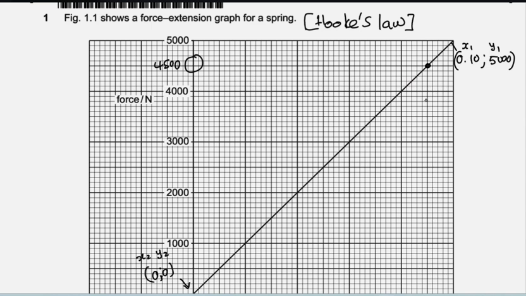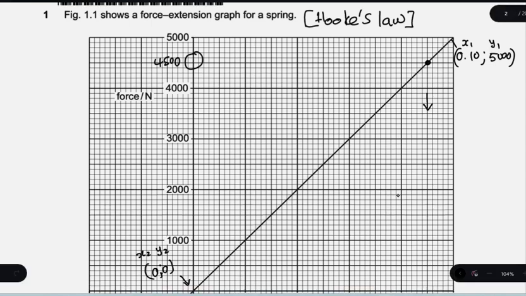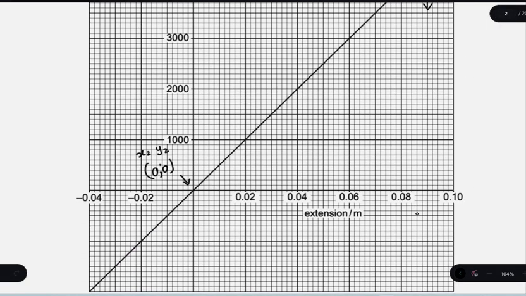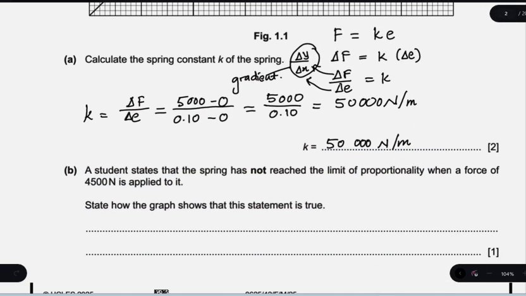It's corresponding to a value down there on the x-axis for my extension. At this particular point we still have a straight line, and that straight line passes through the origin. As long as we still have a straight line passing through the origin, it means we're still obeying Hooke's law. We haven't reached the limit of proportionality.